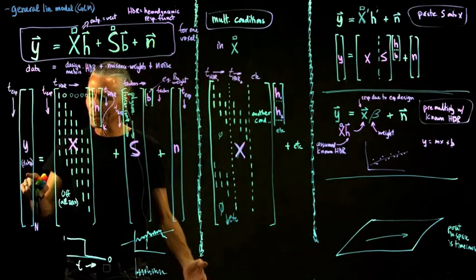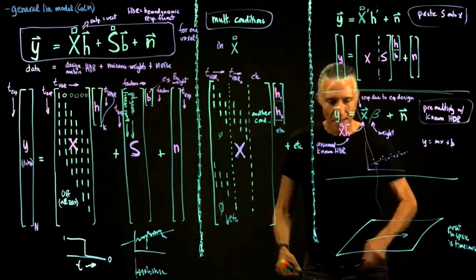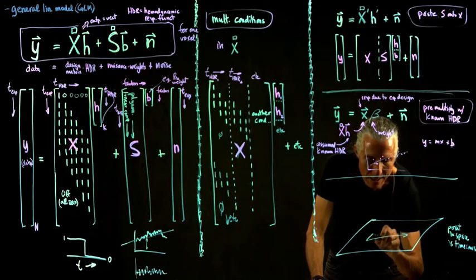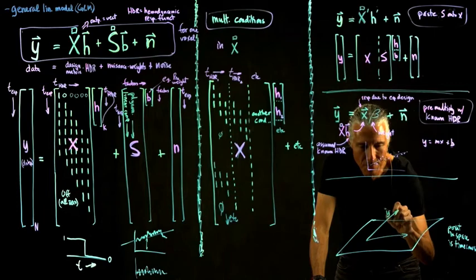There are some time courses that we can't explain with our experimental data. Let's say here's the experimental data. This is the y vector. That's the actual data.